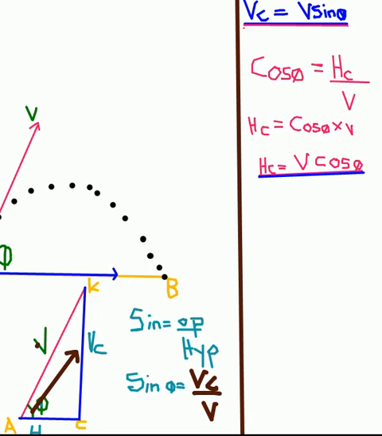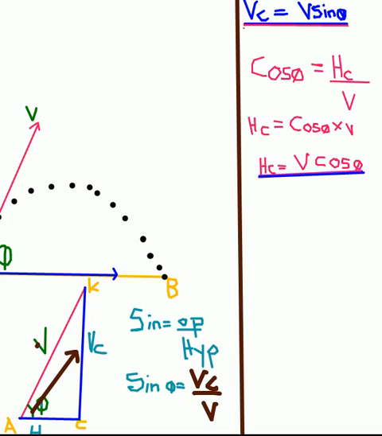That is, hc is adjacent in our diagram and v is the hypotenuse. When we cross multiply, we obtain that the horizontal component velocity is equal to cosine theta multiplied by v. Then the horizontal component is equal to v cosine theta. These are the major formulas which are very important that we are going to use in projectile motion.